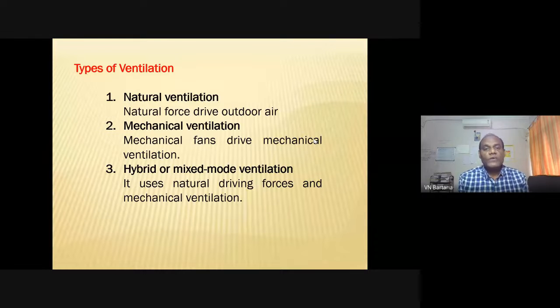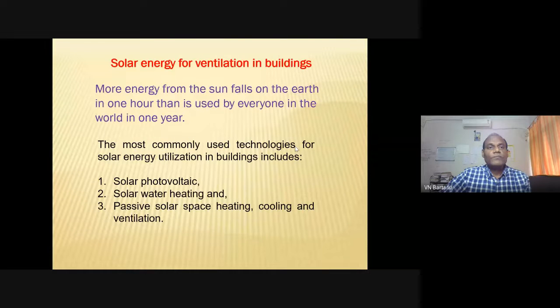Hybrid or mixed mode ventilation uses both natural as well as mechanical ventilation systems. So this was just for information, so that we can understand thoroughly all the aspects of ventilation and requirements of ventilation and indoor air quality, so that we can focus on passive ventilation with the help of solar energy.